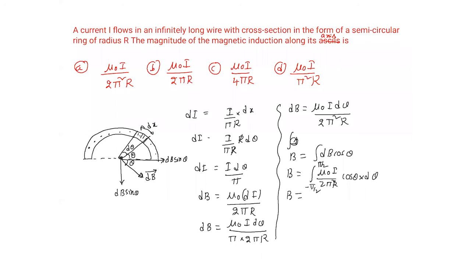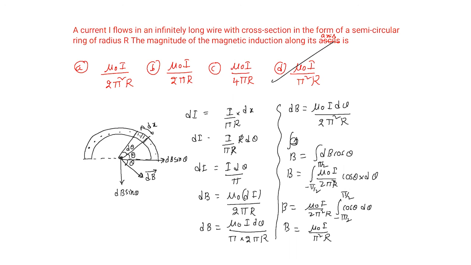So the net magnetic field is mu naught I by 2 pi square r times the integral of cos theta d theta from minus pi by 2 to plus pi by 2. When I substitute the limits, that value will be 2. So the 2 gets cancelled, and you'll get mu naught I by pi square r.